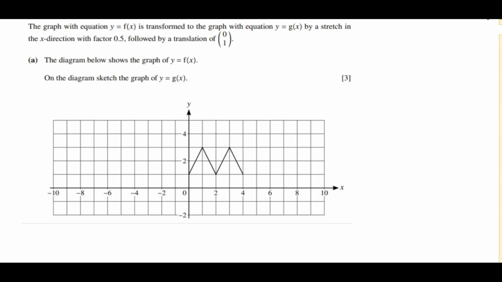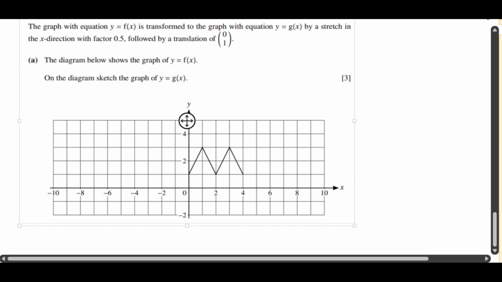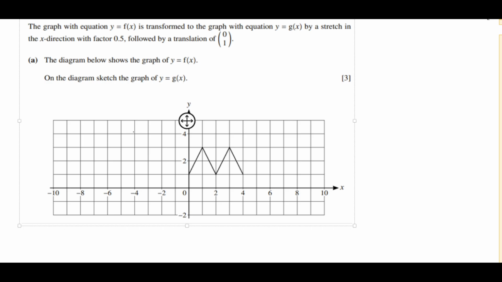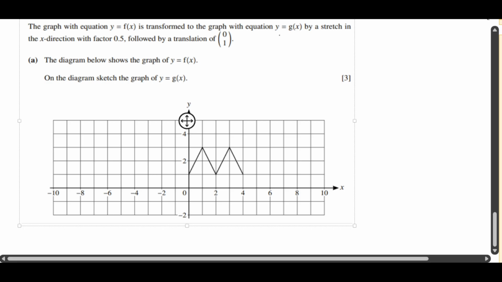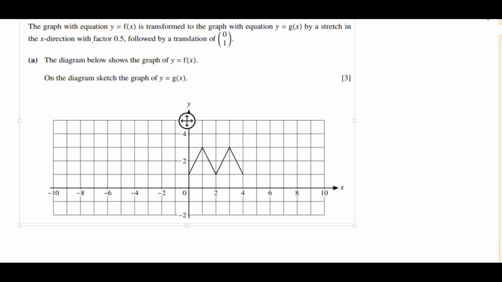The question is with a horizontal stretch. First, the diagram below shows the graph y equals g(x). What is happening to g(x)? In the x direction there is a stretch by a factor of 0.5 followed by a translation of (0, 1).